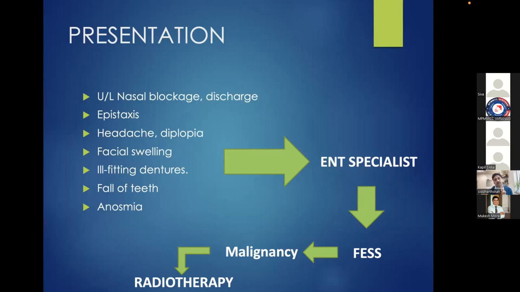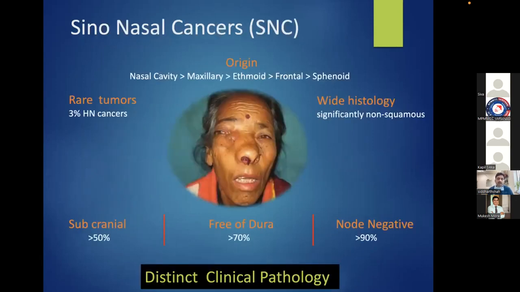So the problem is mainly the evaluation, a proper evaluation that needs to be done before the patient receives an inferior quality of treatment or unplanned treatment. And then finally they are subjected to radiation, because now the margins cannot be revised, nor can the tumor be resected further.